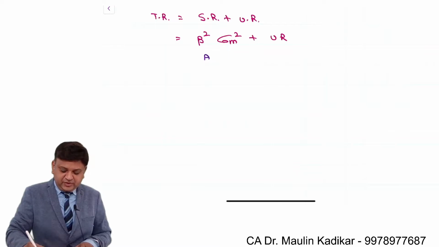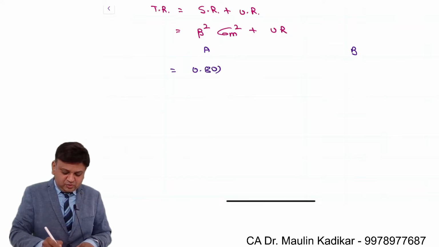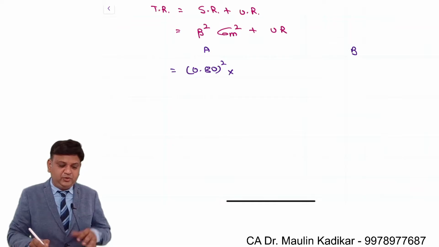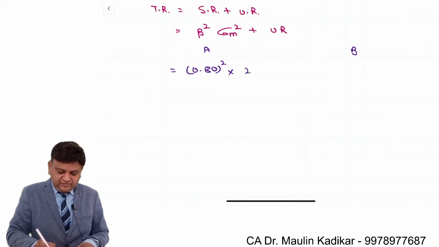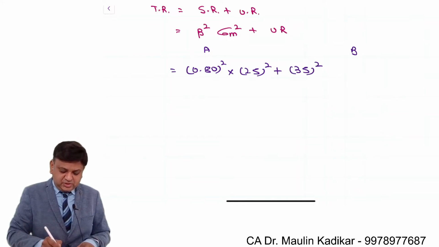We have to do the answer for A and for B. For security A, it is 0.8 raised to 2 into the variance of the market portfolio, that is 25 raised to 2, plus unsystematic risk is provided. Importantly, it is provided in standard deviation terms, while over here we require variance terms.